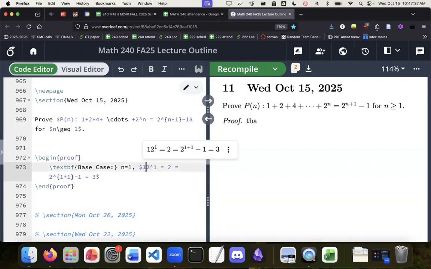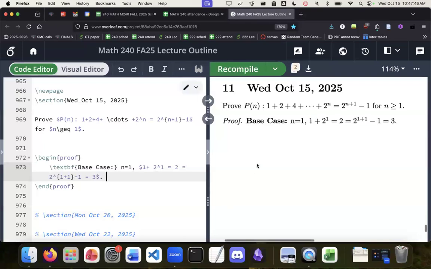That's not correct. I need a 1 there. And so if we go with that, that is the base case.